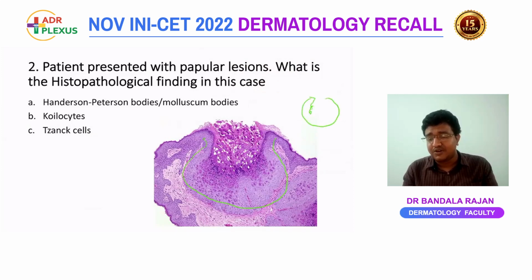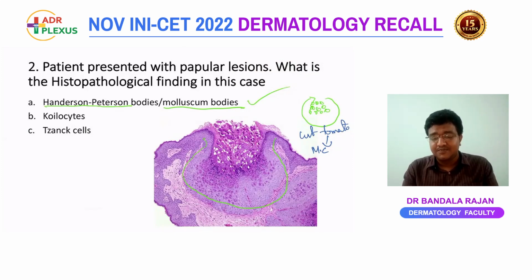If you cut the tomato, there will be multiple seeds in there. It is characteristically seen in Molluscum contagiosum. We know in Molluscum contagiosum, the bodies are known as Molluscum bodies, otherwise known as Anderson-Peterson bodies. So the answer is Molluscum bodies.